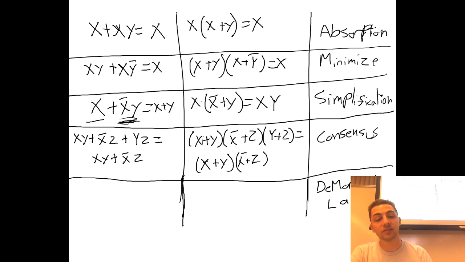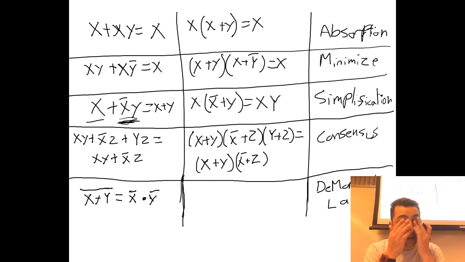It says that if you have x or y, and you invert the whole thing, that is the same as taking each term, inverting it, and ANDing it together.